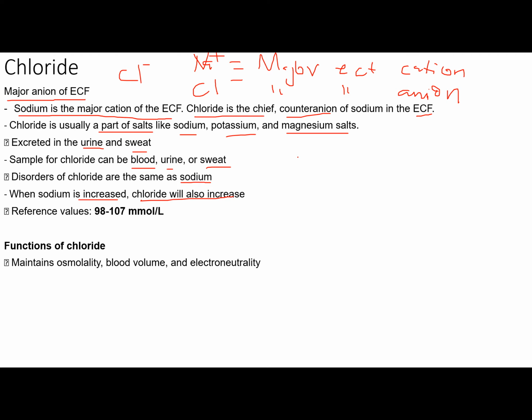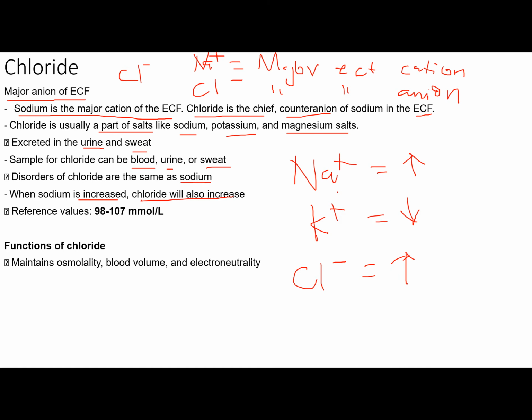Now, in the laboratory, once you start working, the routine electrolytes that are tested are your sodium, your potassium, and your chloride. Most of the time, if your sodium is high, your potassium would be low, but your chloride would be high.